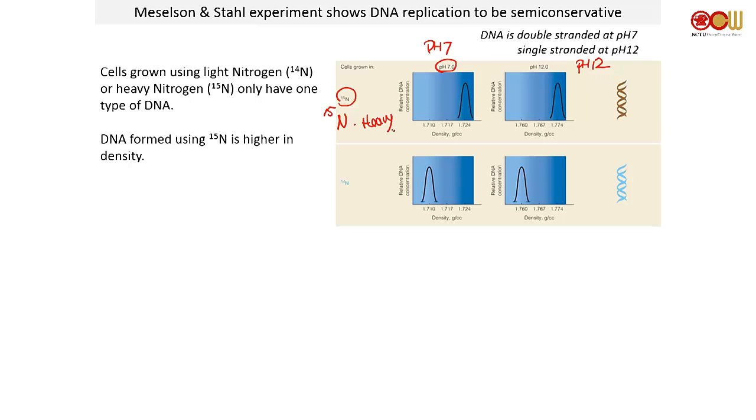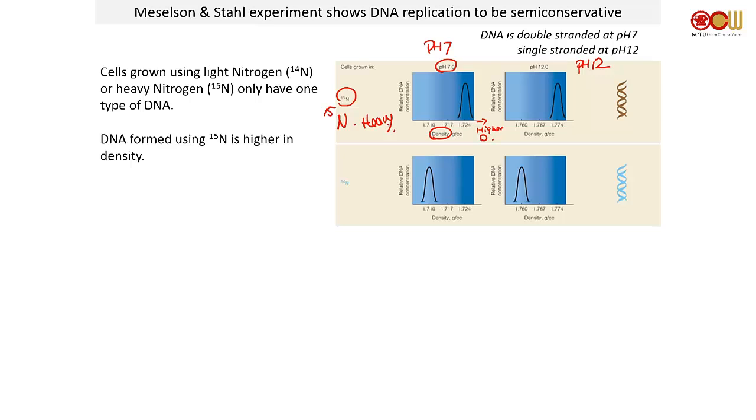If you grow your cell in heavy nitrogen, the DNA that comes out is obviously going to incorporate the heavy nitrogen, which has a higher density. Now on the graph, this is density on the bottom, so it's higher density towards the right, lower density towards the left.